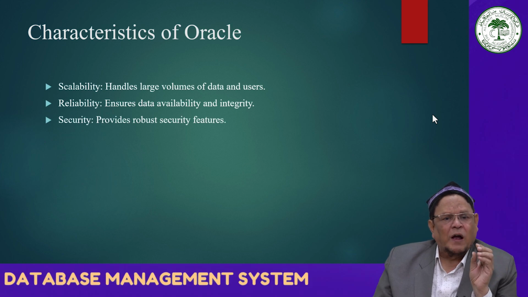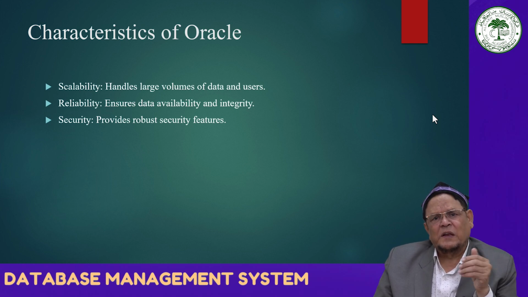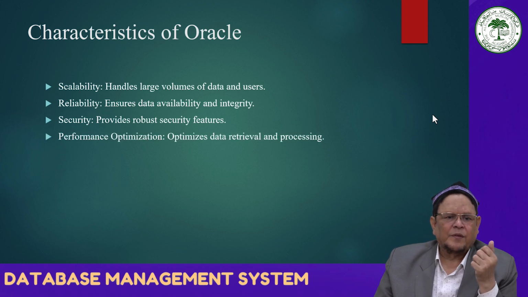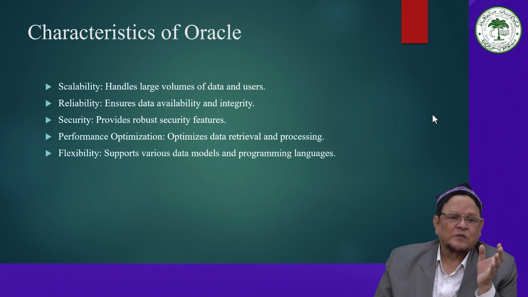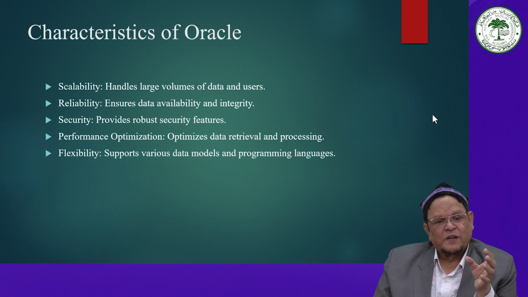It provides robust security features, so unauthorized or malicious persons cannot retrieve information. Performance optimization is also one characteristic. It optimizes data retrieval and processing. Flexibility. It also supports various data models and programming languages.